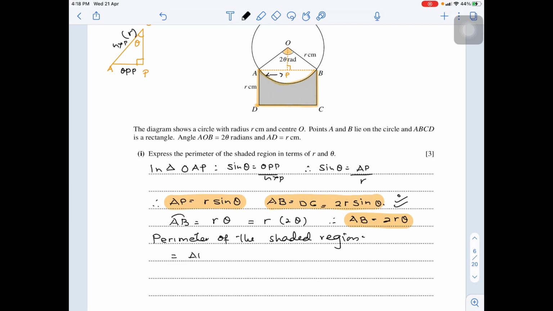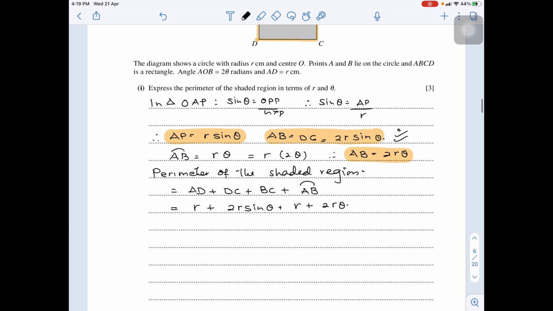Next one, so perimeter of the shaded region equals AD plus DC plus BC plus arc length AB. AD is r, DC is 2r sine theta, plus BC is r, plus arc length AB is 2r theta.